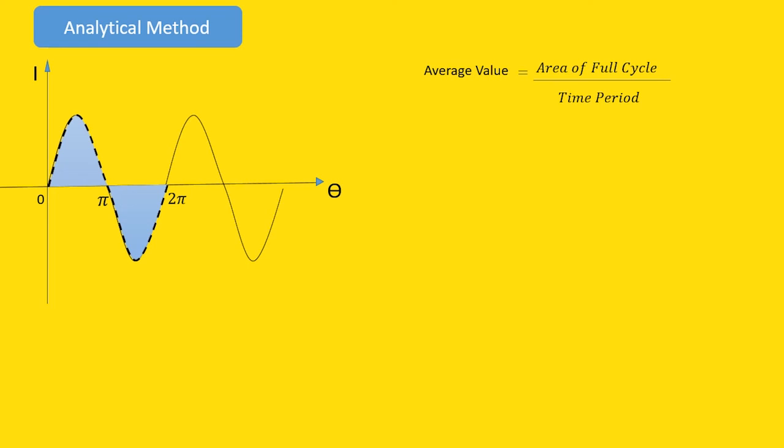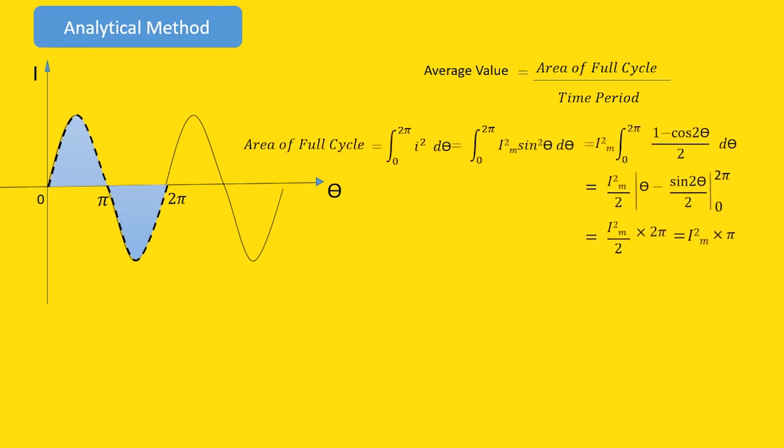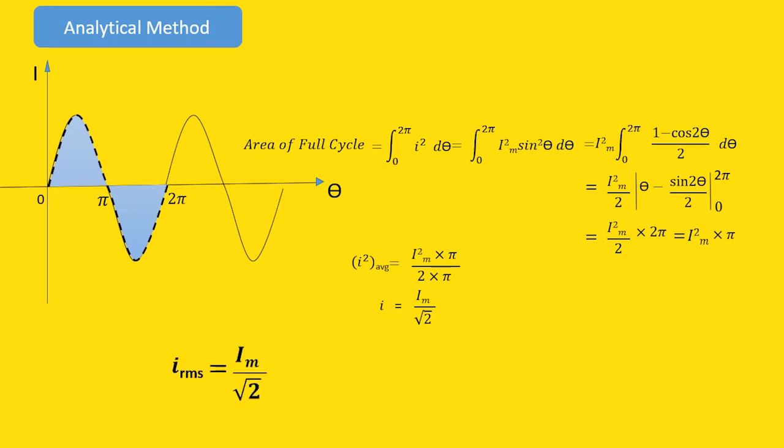While taking the average, the values will be including the negative half cycle as the square will be positive. After calculating, we get an expression of Im divided by root 2, which is the RMS value of current. Similarly, RMS value of voltage will be Vm by root 2.